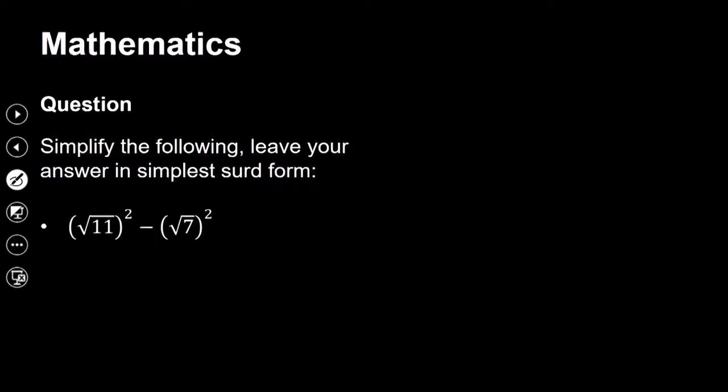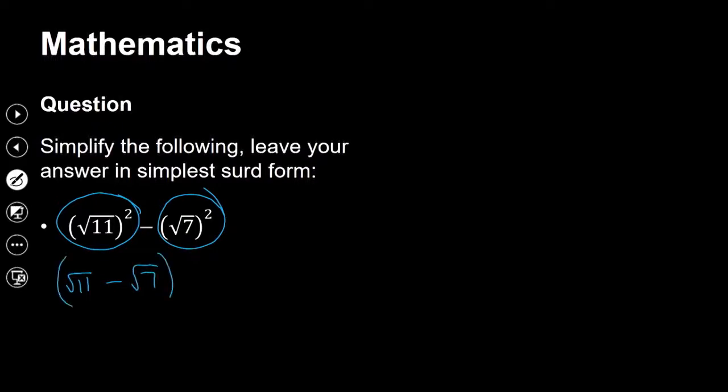Now, this one is quite an interesting one, right? It's a perfect square, you can see, because of the squared, minus a perfect square because of the squared there, right? So I can always just try this firstly by saying it's going to be square root of 11 minus square root of 7, right, into square root of 11 plus square root of 7, right? But this is just for enrichment, by the way. You don't need to do this, right?